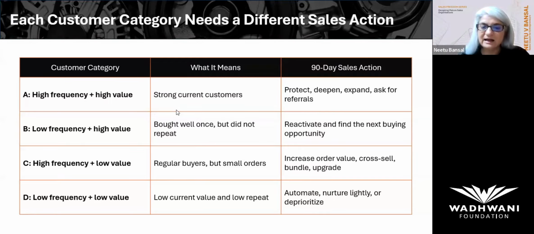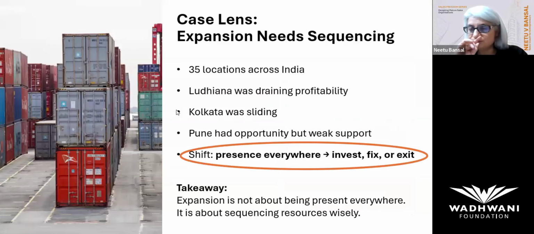Let me give the example that I gave you last time about the company who's a CNF company. One of their divisions, which is their strongest division, was air exports. When I introduced this customer categorization to them, the division sales head immediately went very aggressive.